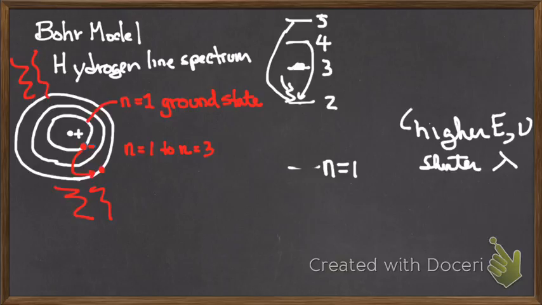Bohr's model of the atom made it really simple. There's this constant, it's called RH. Now, I don't like the version of RH that your lab gives. The one I like is 2.18, I think it's 2, times 10 to the minus 18 joules.